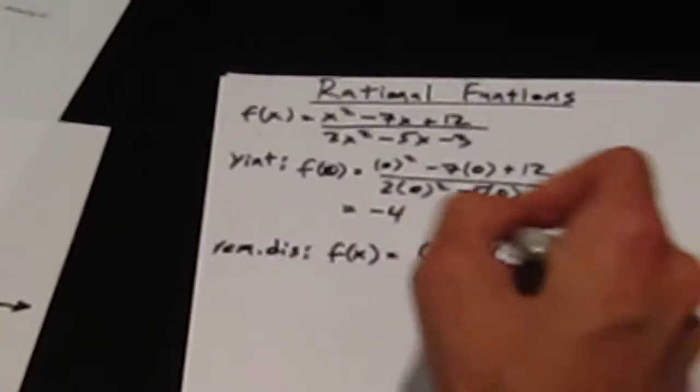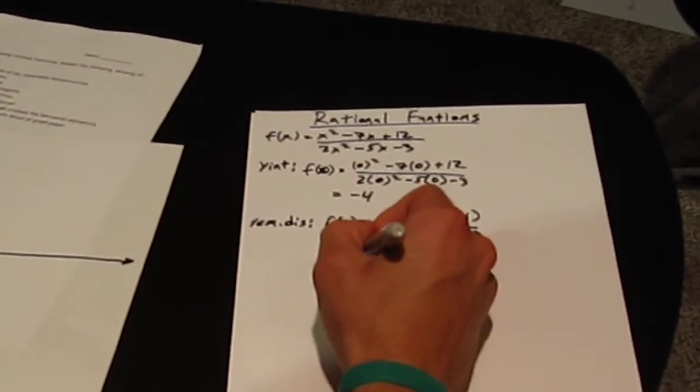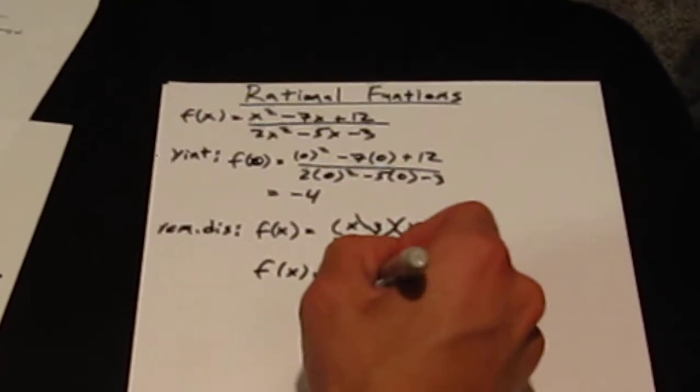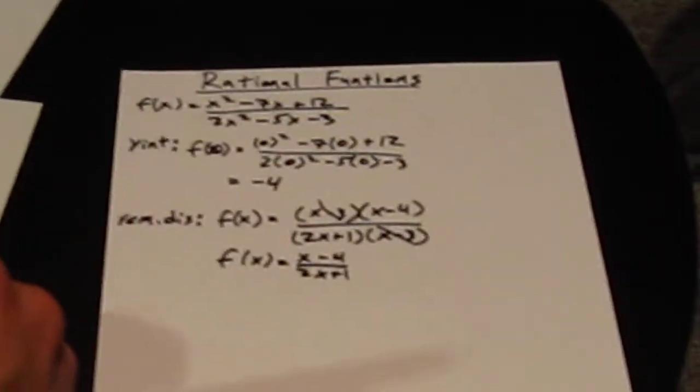Okay, so basically you can cross out these, and your final thing is f of x equals x minus 4 over 2x plus 1. So that's going to be the shortened version of the formula.